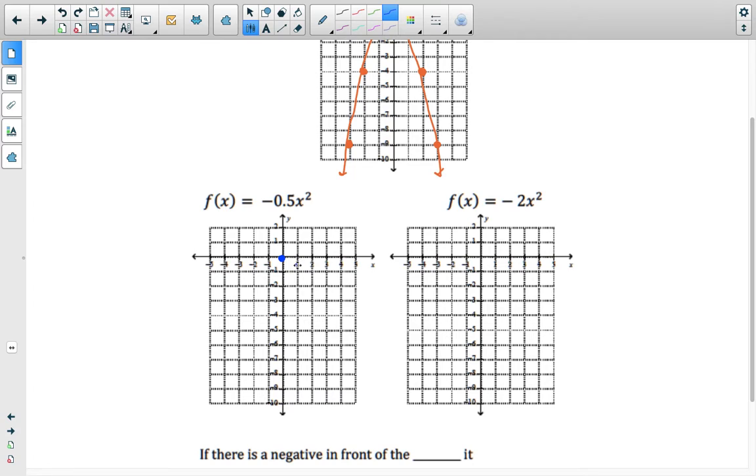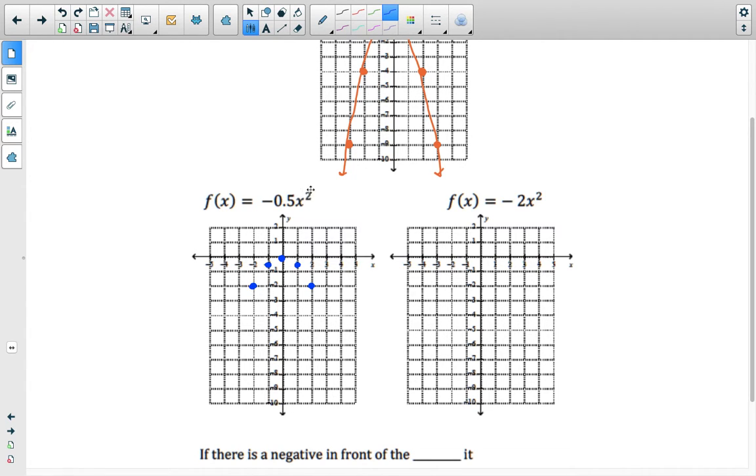So that would become negative half. Negative 1 squared is still a positive 1, times a negative half would be a negative half as well. So we do have symmetry again, so we can focus on our positive values and multiply. 2 squared is 4, times a negative half is negative 2. Using symmetry, we have negative 2 also at negative 2.